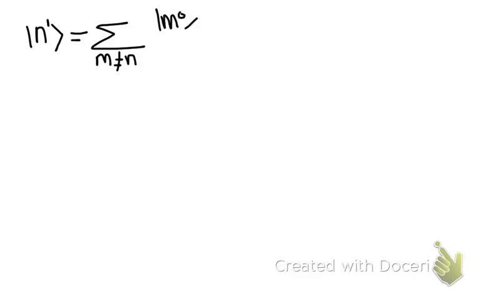So let me write it down here that my eigenstate corrected up to first order is equal to the sum over all the states where m is not equal to n, that are not the same, of m0 outer product, my perturbed Hamiltonian, and n0, right?